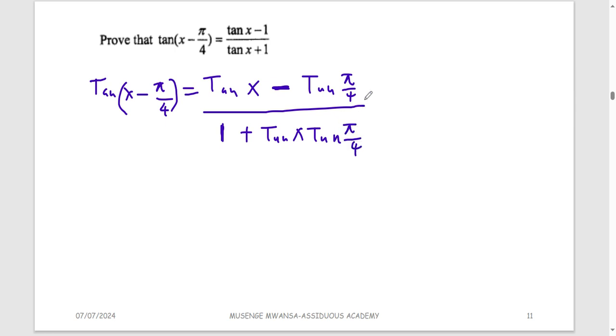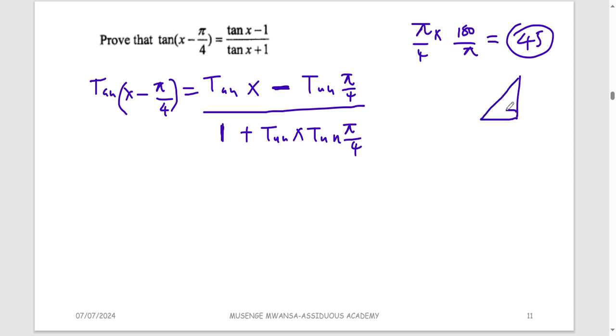Now, pi over 4 is 45 degrees. We talked about that in the previous class. How do you convert to degrees? Simply multiply by 180 over pi, and that is going to give you 45. And tan of 45: the triangle that we use for the special angle 45 is isosceles, where this is 45, this is 1, this is 1, and this is square root of 2. Tan of 45 is 1.